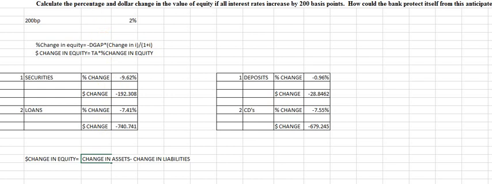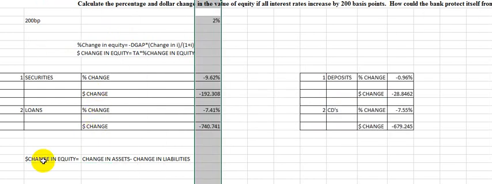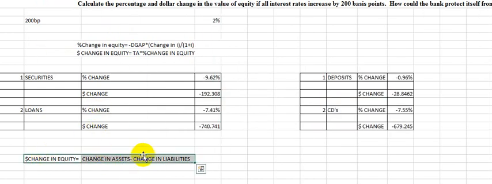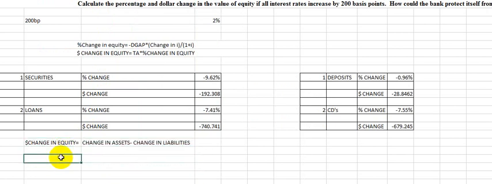So the dollar change in equity is the change in assets minus the change in liability.